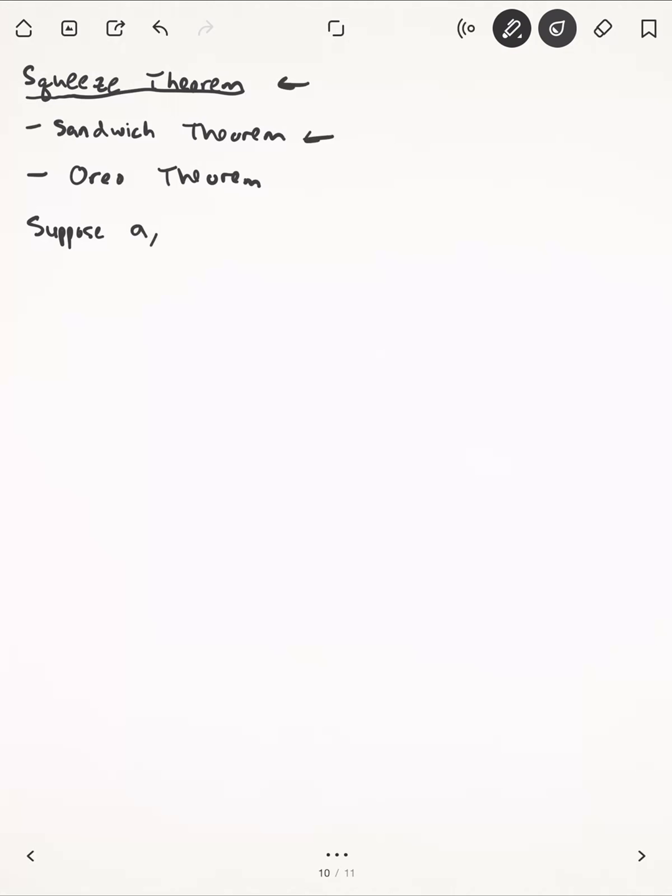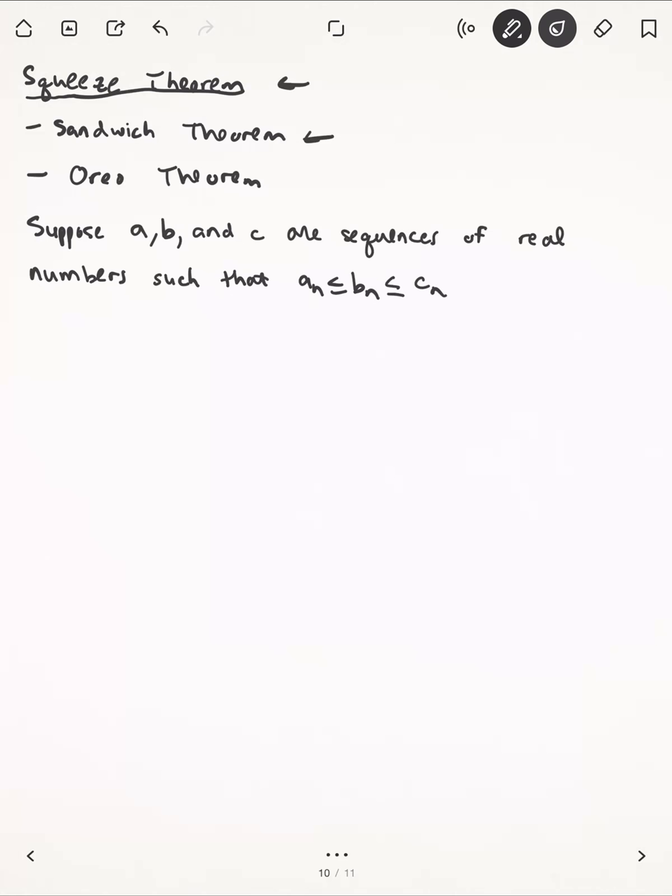Suppose A, B, and C are sequences of real numbers such that A sub n is less than or equal to B sub n, and B sub n is less than or equal to C sub n for all natural numbers n.